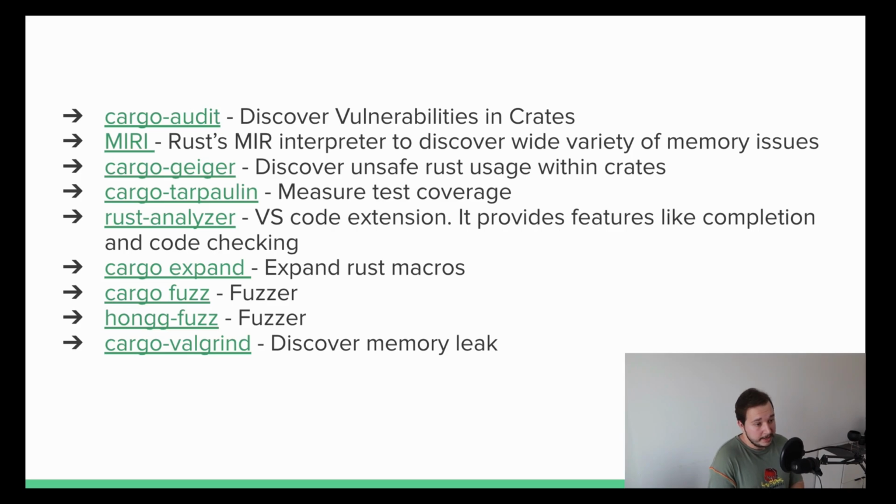Those might include some vulnerabilities inside. So it's always a good idea to expand your macros, at least know how they were built and what they actually produce. Cargo fuzz, honggfuzz, and so on. To be honest, I've been using honggfuzz more recently because of the nice UI and how they display all the information. And Valgrind, to discover memory leaks.